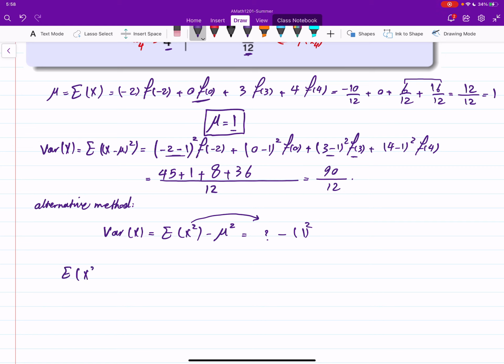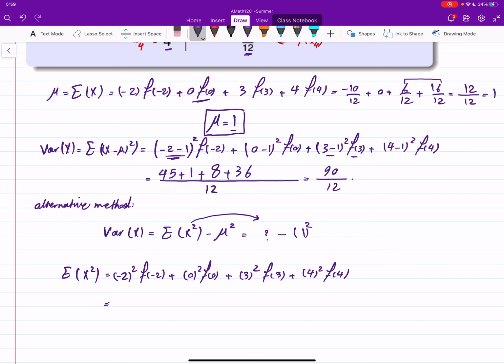Well, E of x squared needs a little bit of work, but it will definitely need less work than what we did before. So here, E of x squared will be negative 2 squared f at negative 2, 0 squared f at 0, 3 squared f at 3, plus 4 squared f at 4.